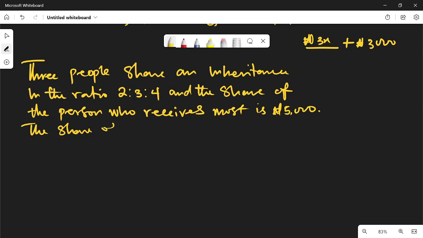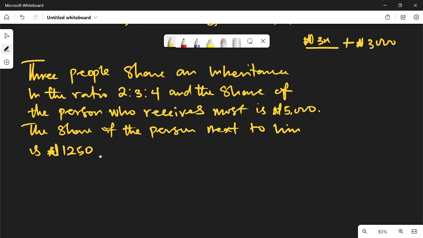The share of the person next to him is 1,250 naira more than the third person.